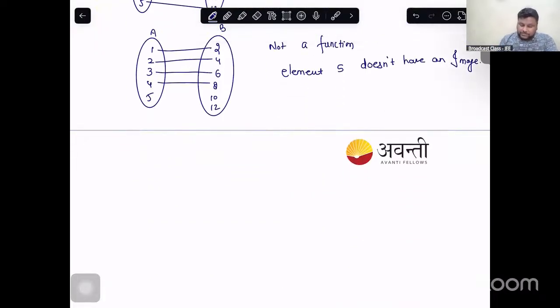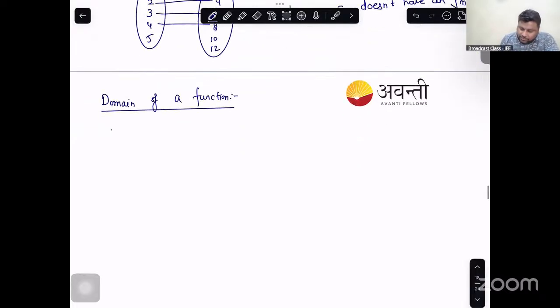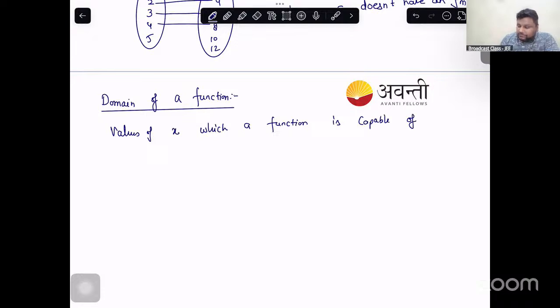Domain of a function. Write down domain of a function. So these are the values of x which a function is capable of absorbing.